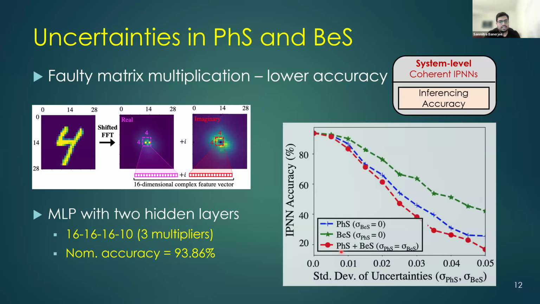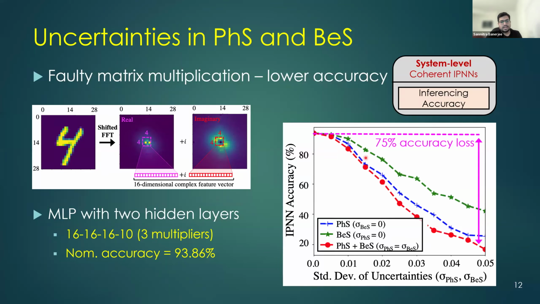But the interesting point here is that even under expected levels of uncertainties, even when we have a 5% standard deviation in both phase shifters and beam splitters, we see a huge drop in accuracy, like a 75% drop. Of course, with a 75% accuracy drop, at this point the network is useless. In today's case, even a 5% or a 10% accuracy drop is not acceptable.